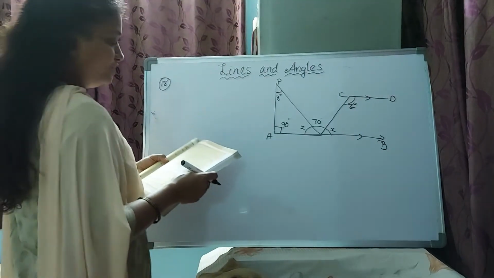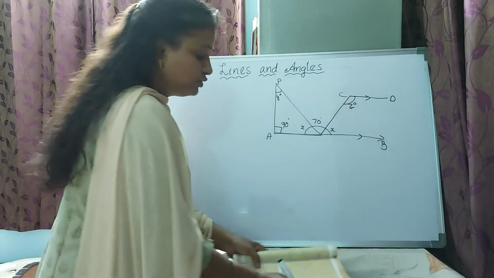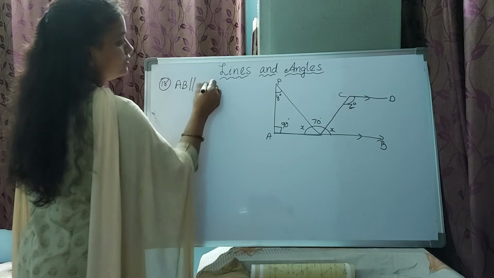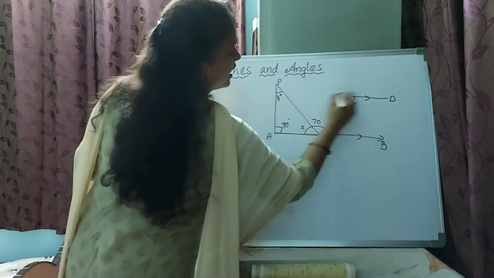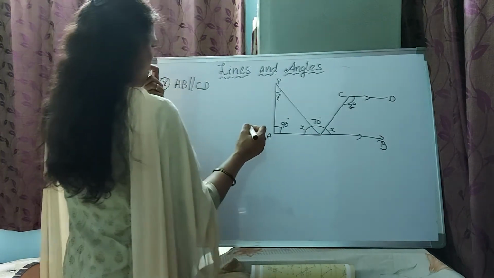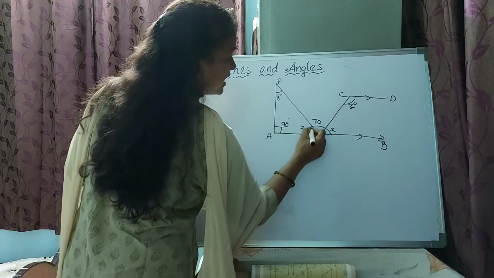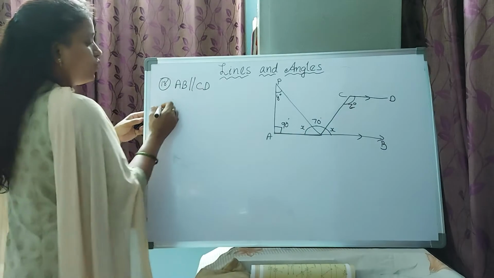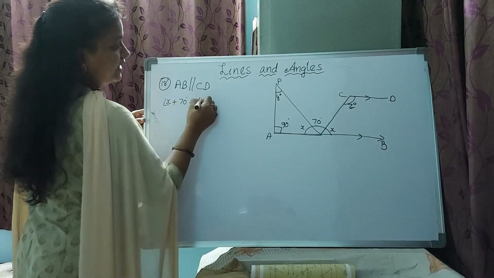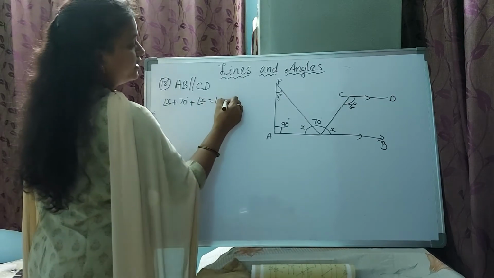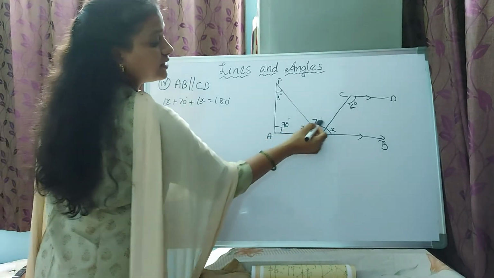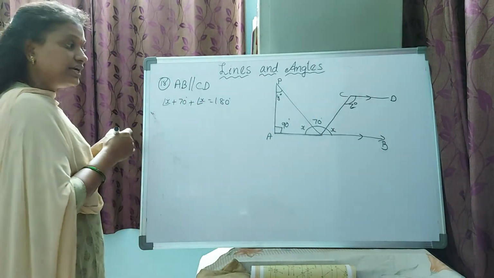From this, AB is parallel to CD. Before going to that, we will see these angles on the straight line. So angle X plus 70 degrees plus angle X is equal to 180, angles on the straight line is 180.